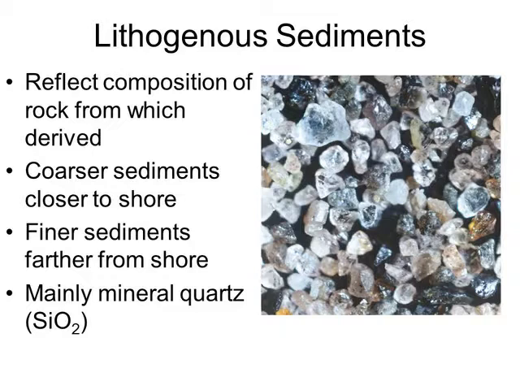Typically, you will see coarser sediment closer to the shore, but as soon as you get out into the deep ocean further away, you'll see finer grained sediments, and that's purely because it's had more time to erode and break down. So it's a stepwise process. You'll see very large boulders up in the mountains. Once you get to the beach, you'll see smaller fragments of those rocks. And by the time you get into the deep ocean, you'll see very fine-grained sediments.